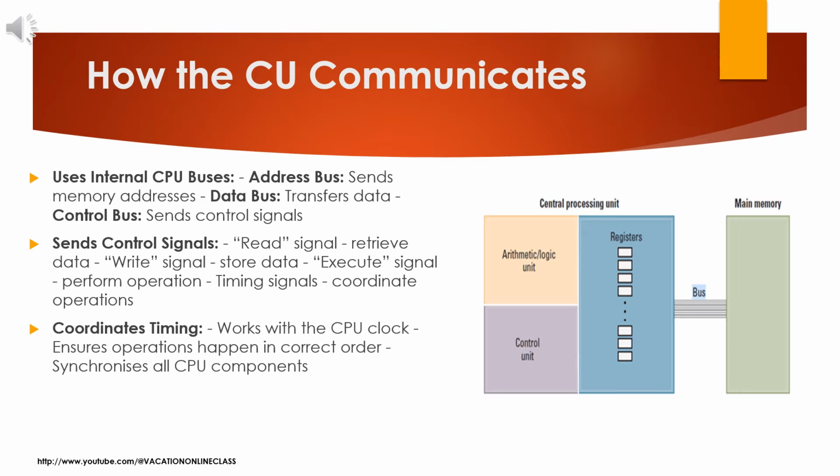The address bus is used to send specific locations in memory. The data bus is what actually carries the information back and forth. And the control bus carries the specific command from the control unit.